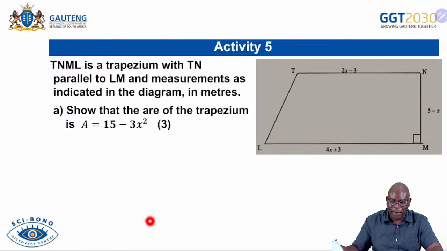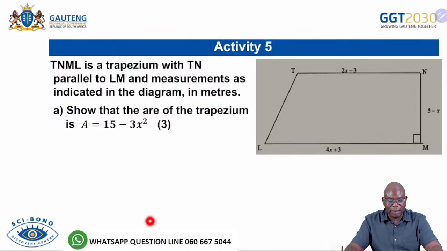Now, the next activity, activity 5, I'm going to do A only, and then you're going to do B and C. TNML is a trapezium with TN parallel to LM.